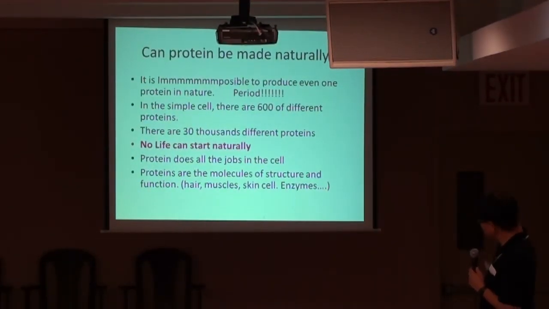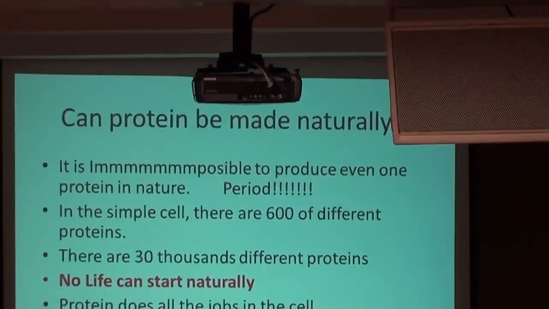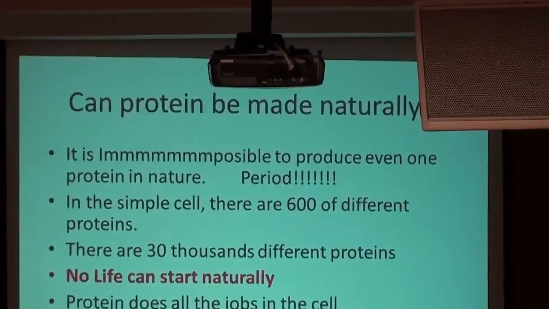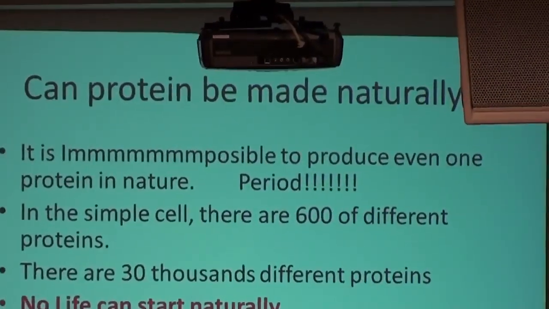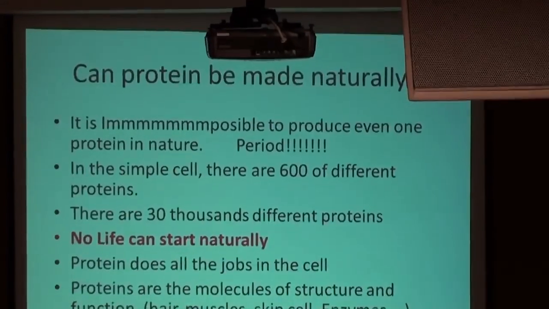I cannot say just impossible. It's really impossible to produce even one protein in nature. Period. So we cannot make one protein. Don't talk about organelles. Don't talk about cells. Anything else? It's not possible at all.